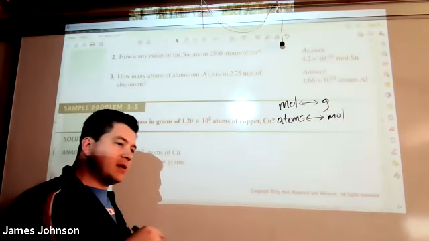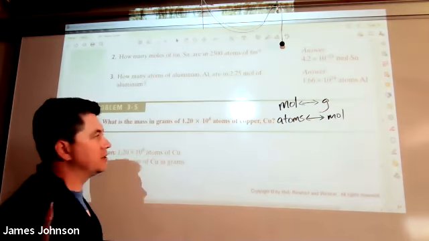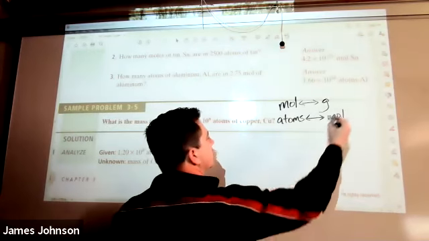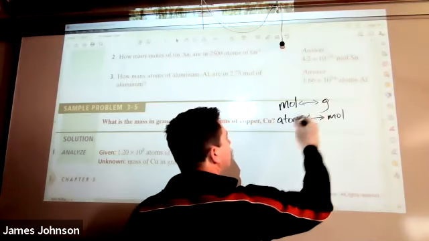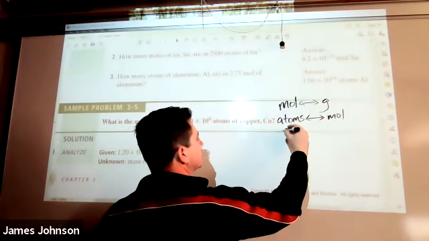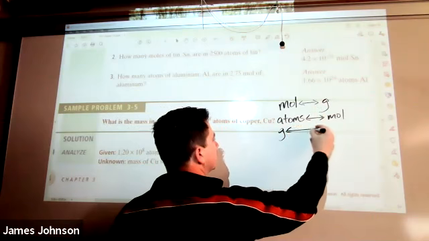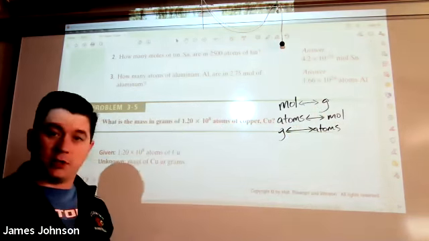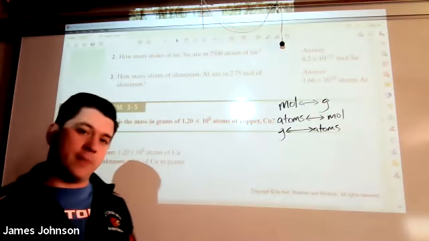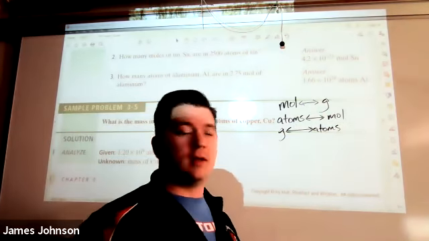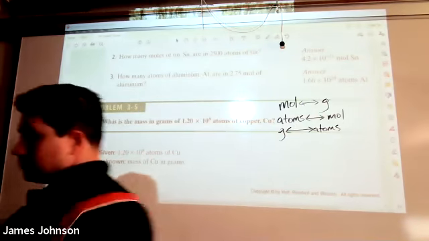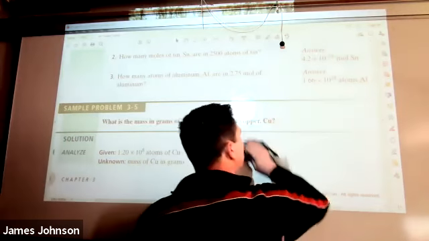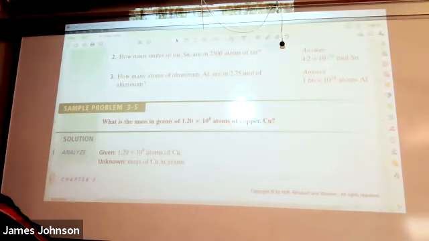The only combination of these things, which is what we're focusing on here in chapter 3, section 3, that we haven't actually done yet is a conversion between grams and atoms. And so this is what we're going to do here in sample problem 3-5 and in the following practice problems. We're going to be going from grams to atoms or from atoms to grams.